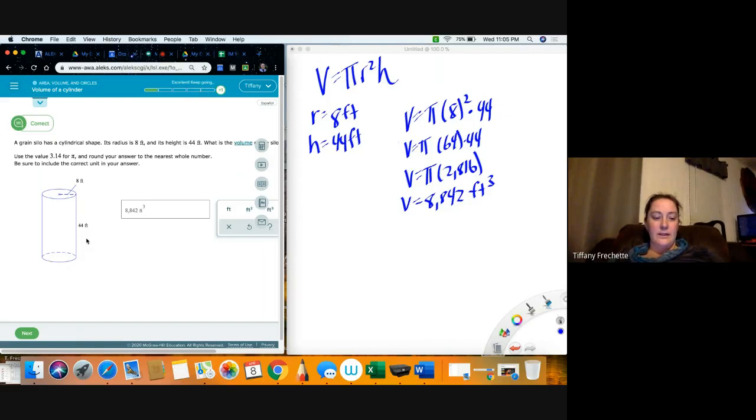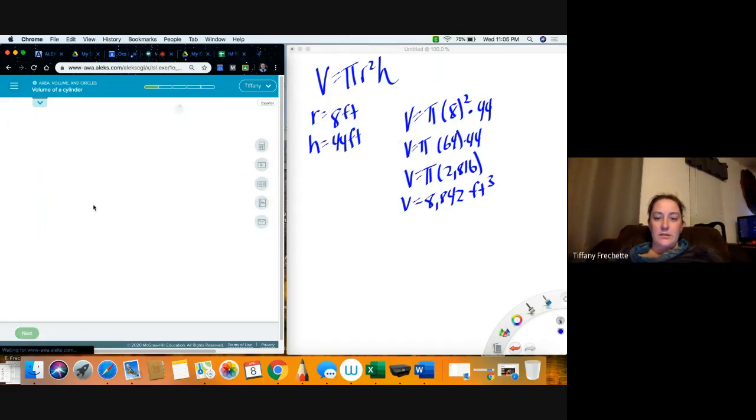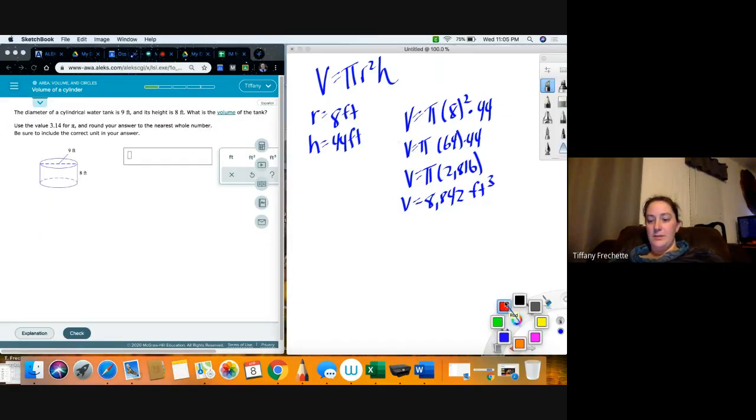All right, next one. So let's go ahead and switch colors here. So with this next one, it says we have a diameter. The diameter of the cylindrical water tank is 9. So remember, we want radius. The diameter has 2 radii in it. So we simply just go 9 divided by 2 to get our radius.